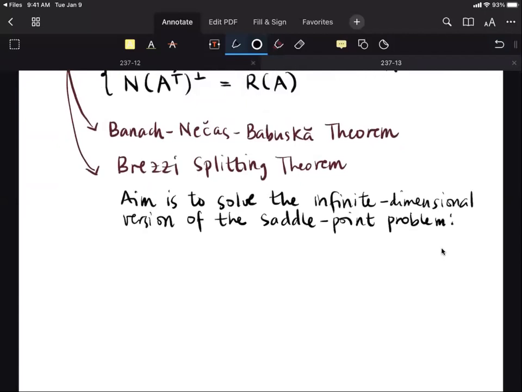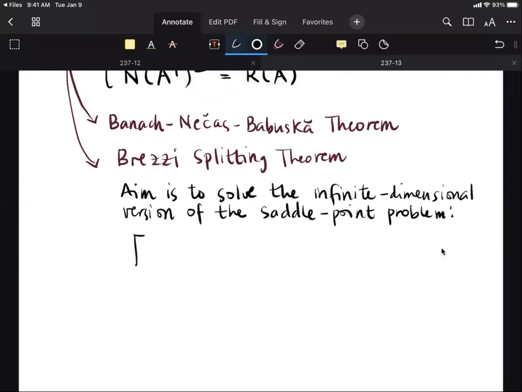So let me state this in the case of matrices. So let's say if you have A, B transpose, B, 0, acting on U and P, equal to F, G.